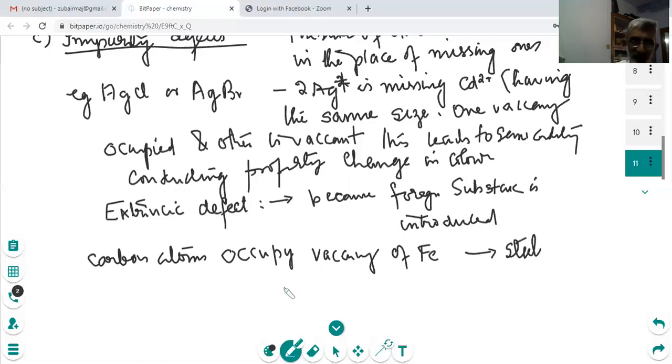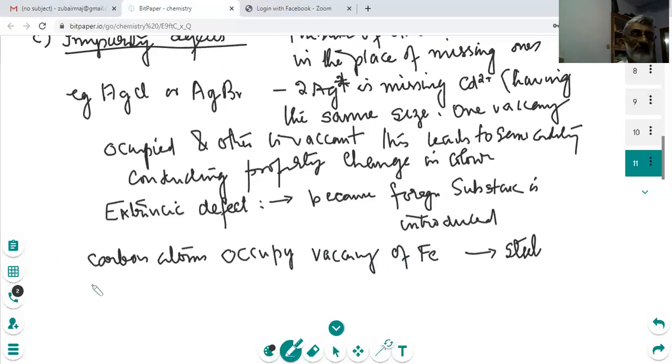Okay, so incorporation of a small amount of carbon, to the point of 0.1 or 1% or even far less than that, into the iron, see how the application goes. Carbon is occupying the interstitial spaces or vacancies in the iron crystal or iron rods or whatever you do.